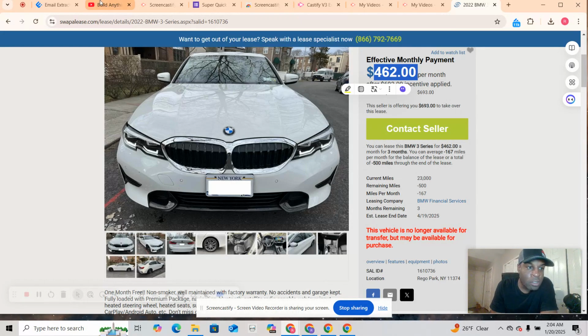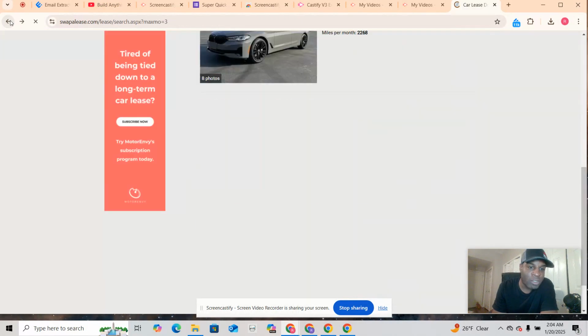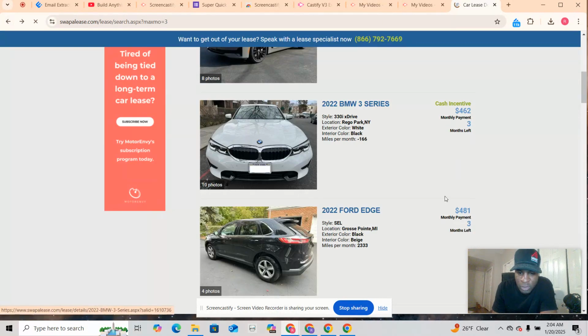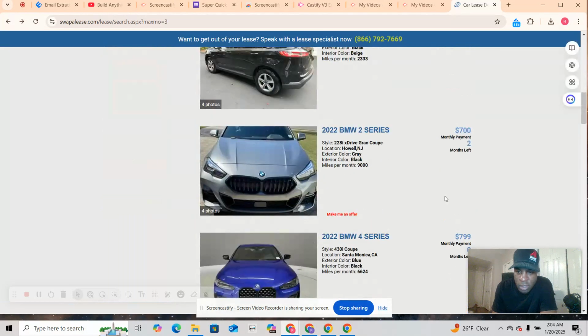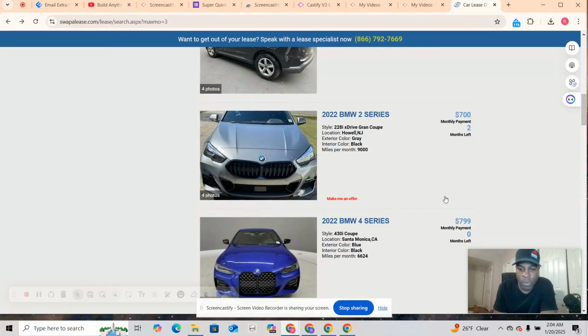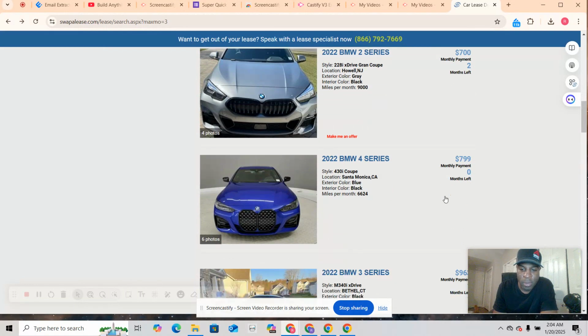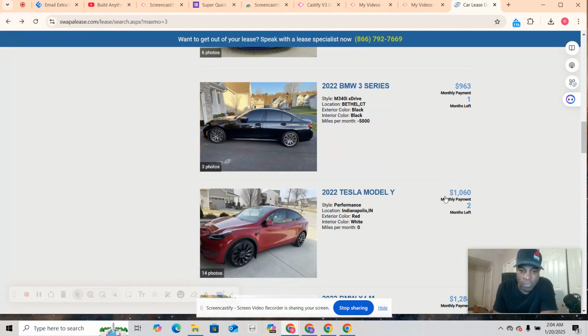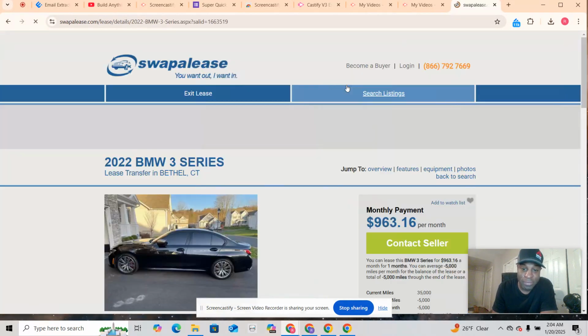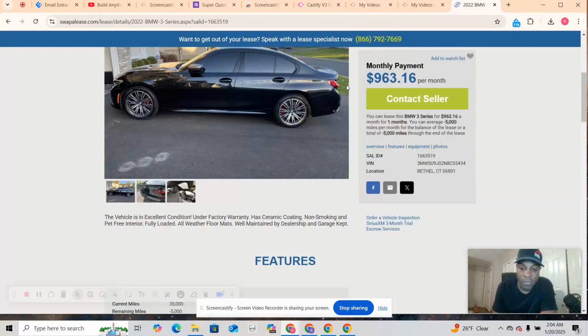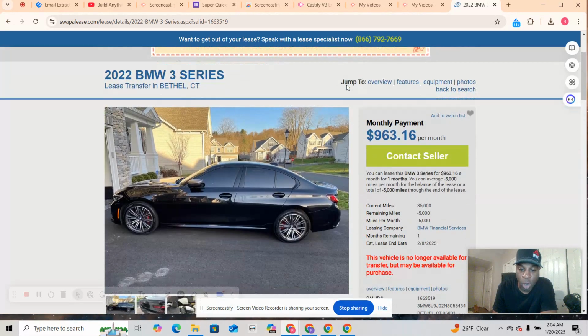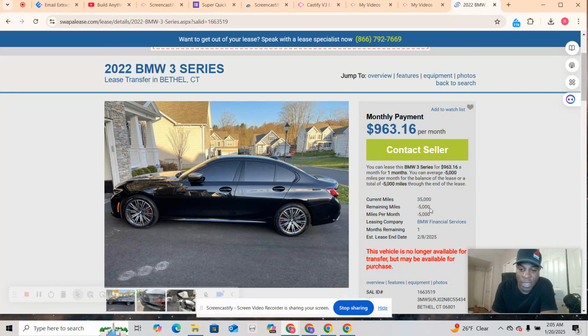Okay, so let's head back to a couple other options that you might have over here. Some of them have 1 month left, which is amazing. Let's click on the one that has 1 month left. Definitely, if you're taking over the lease, you don't want to take over a lease that has negative miles left, because most leases are given a set amount of miles.